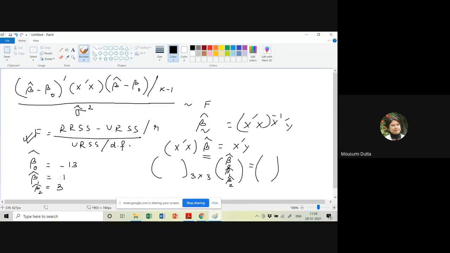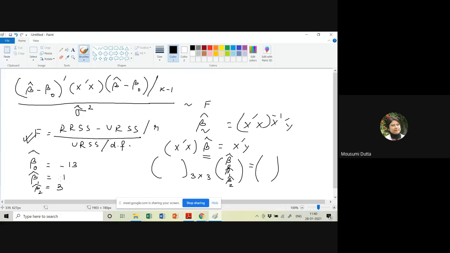It depends on what information you have. If you have more information on the ANOVA table, that is ESS, RSS, TSS, you can use F1. Or if you can calculate the s u square for beta 2 hat, actually the variance of beta 2 hat, in that case you can use the t statistic as well.